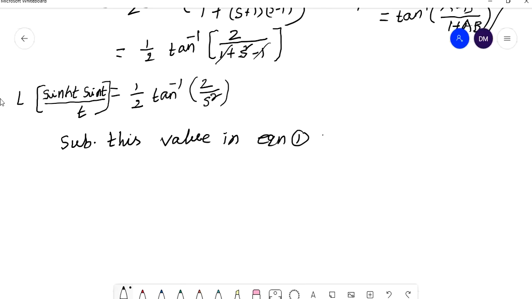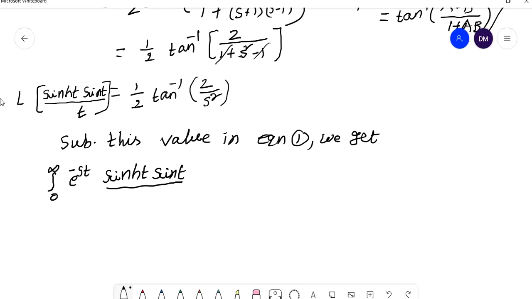What is equation 1? Equation 1 is integral 0 to infinity e power minus st sin ht into sin t by t into dt is equal to L of sin ht into sin t by t. What is the value of L of sin ht into sin t by t?